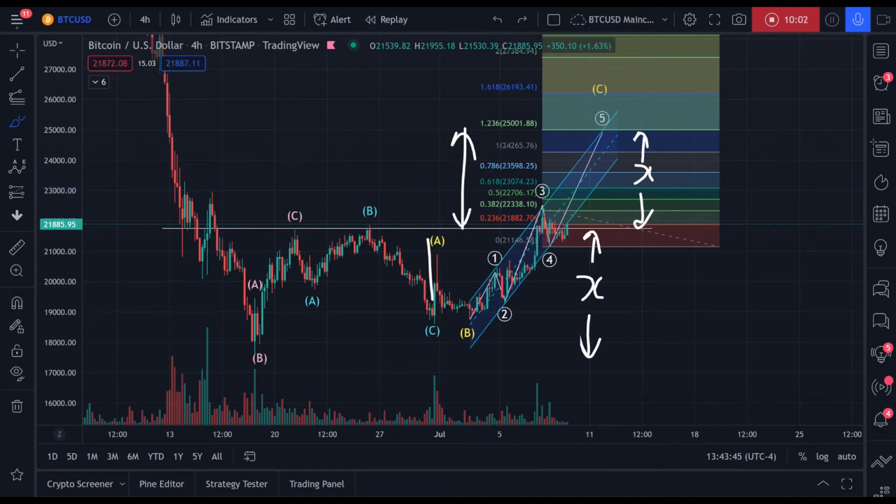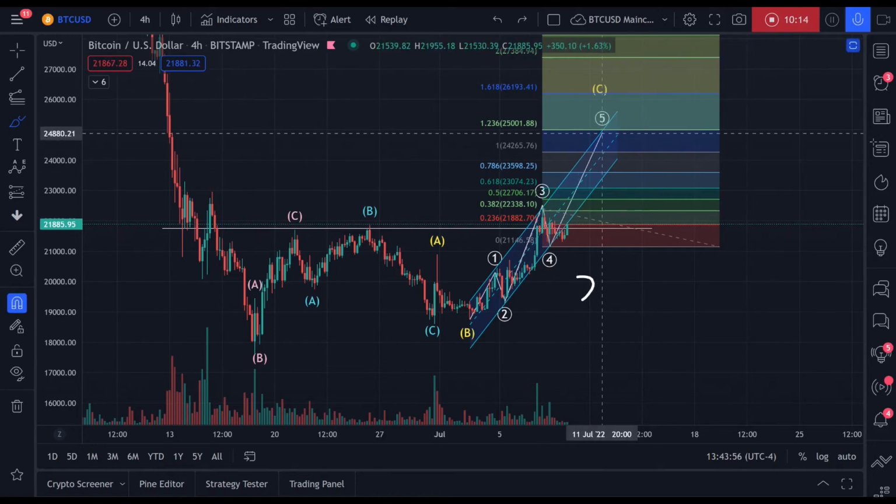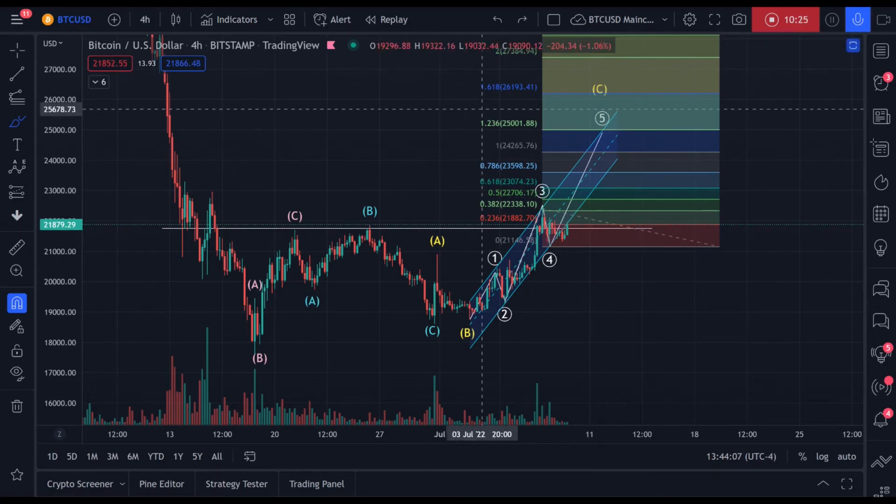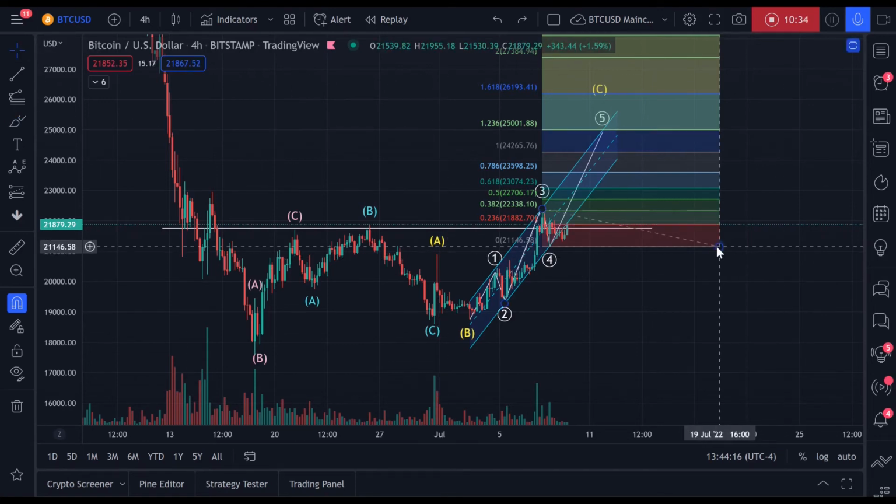I'm just saying it's probable for those two reasons that we're going to get approximately a $25,000 Bitcoin at approximately this time, the 11th of July, at 8 p.m., right? And the 11th of July would be Monday at 8 p.m. Eastern Standard Time, means that the daily candle just closed. Okay, so that's what I'm seeing for Bitcoin.